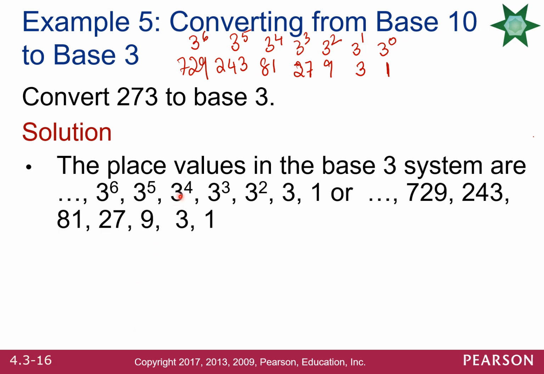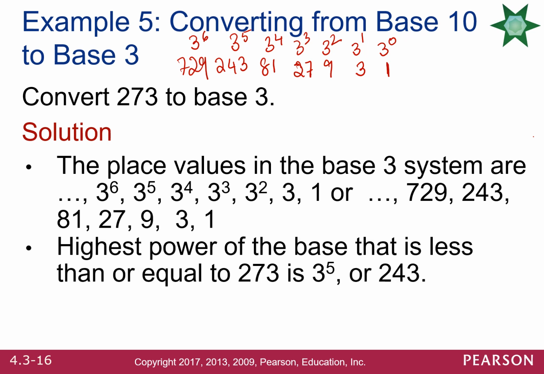It says the place values in the base 3 system are 3 to the power 6, 5, 4, 3, 2, 1 and 0, or these are the exact values that we gave here: 729, 243, 81, 27, 9, 3 and 1 from the left to the right. So the next step will be the highest power of the base that is less than or equal to 273, which is 3 to the power 5 or 243.